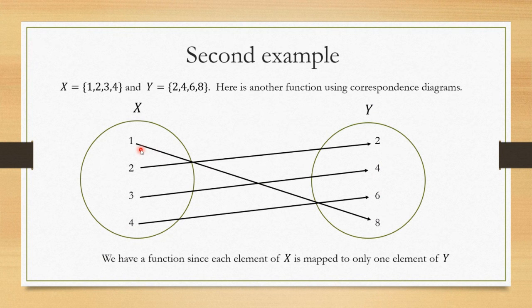But again, each element from the first set is only going to one other element. 1 here is only going to 8. 2 is only going to 2. 3 is only going to 4. 4 is only going to 6 and nowhere else. So each element from the first set is mapped to only one element from the second set.